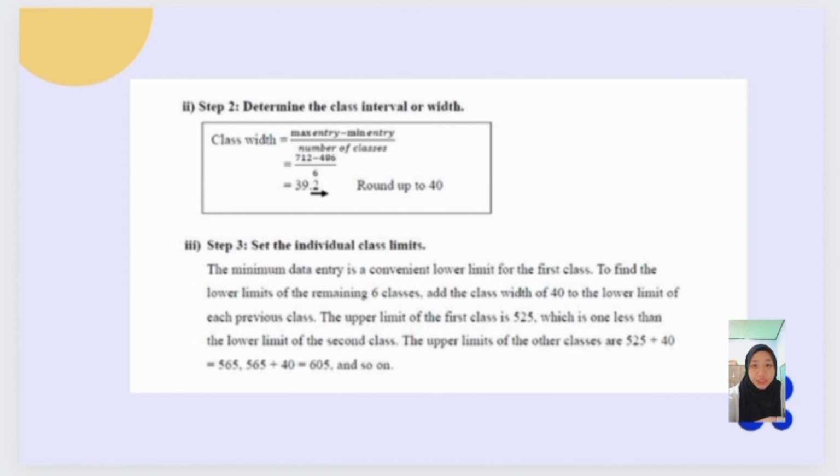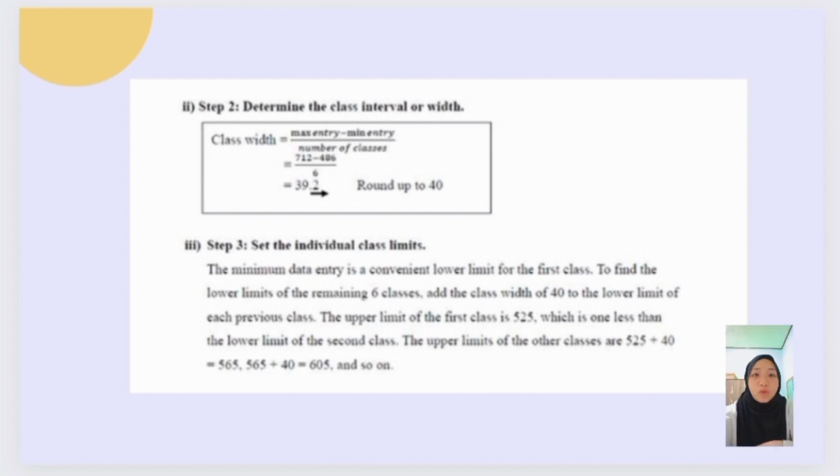For this question, K should be 6 classes because 2 to the power of 6 equals 64, which is greater than 25. The classes should be more than 25 as long as they cover the lower and upper limits of the classes.